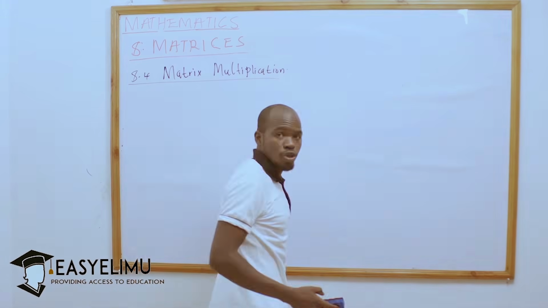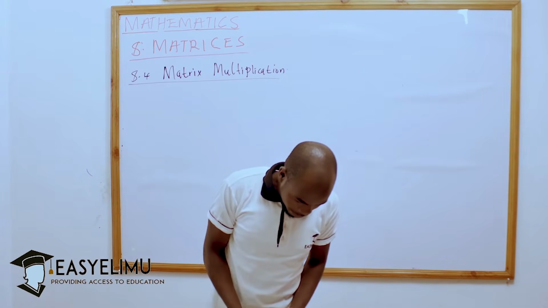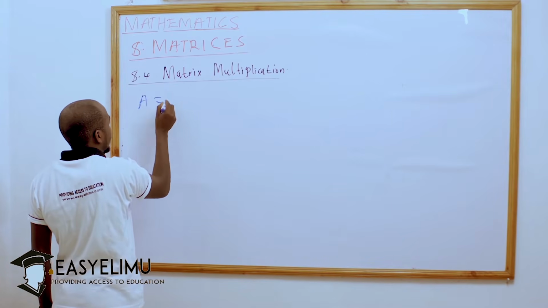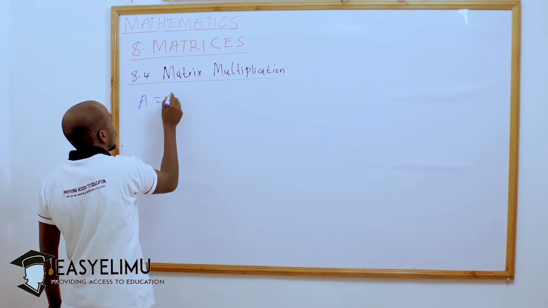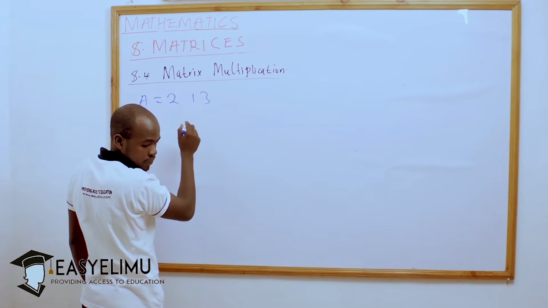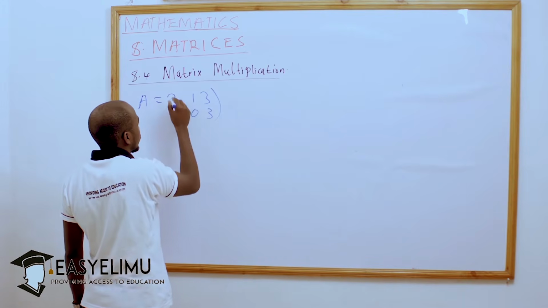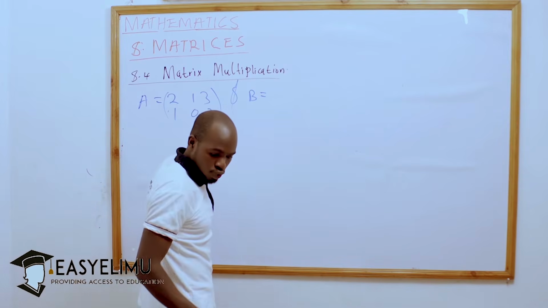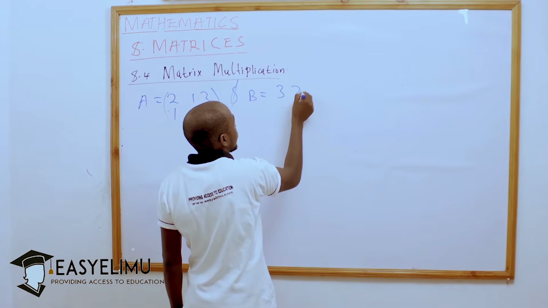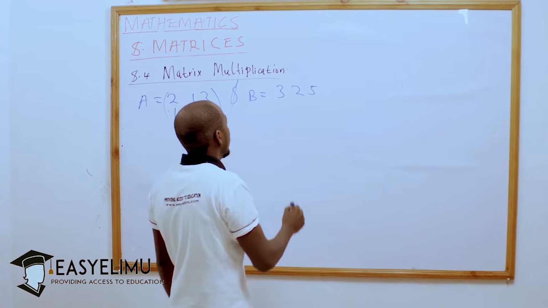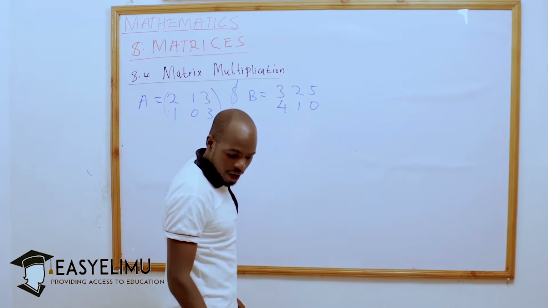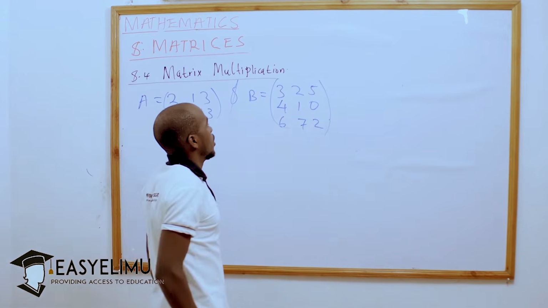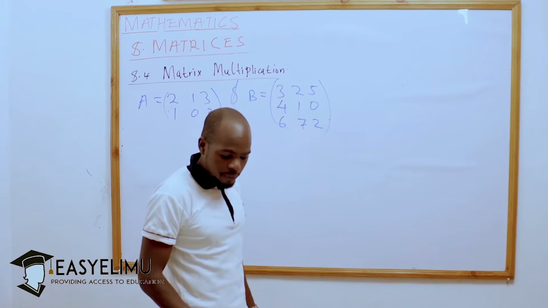Consider matrices A and B such that A is equal to, and B is equal to 325, 410, and we are having 672. Then I have asked you to find AB.